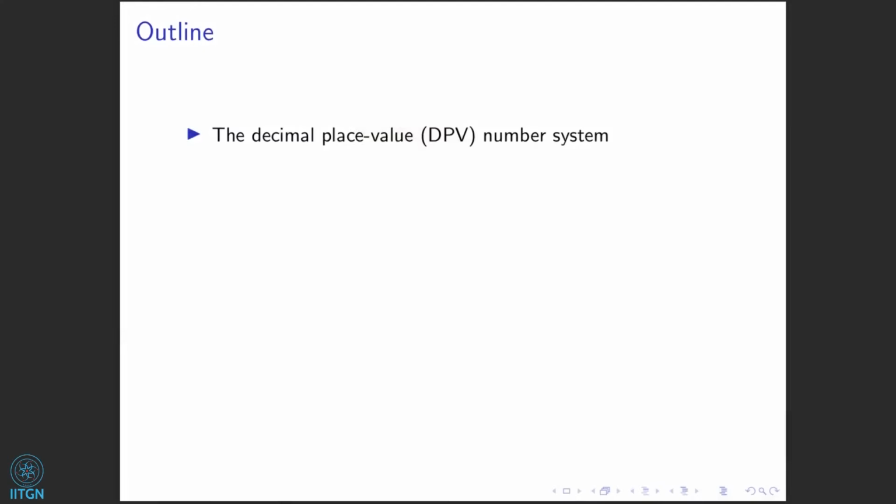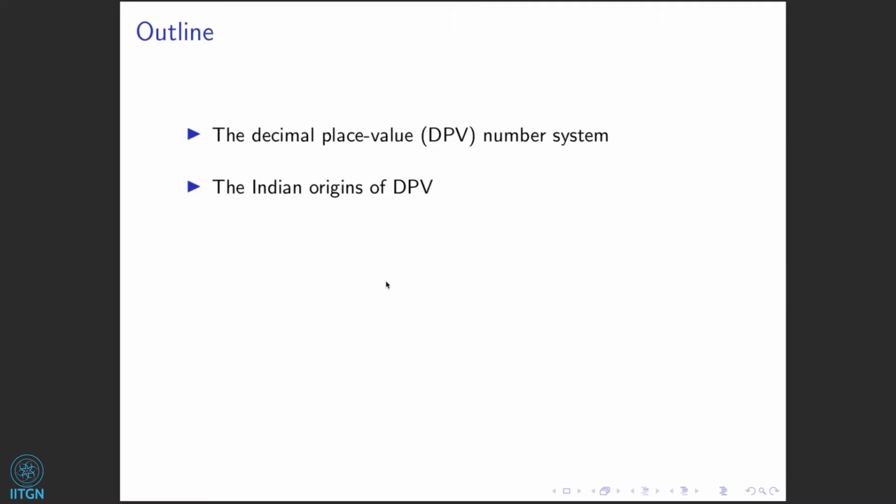For a general overview of what I hope to do: it sounds as though the basic introduction to decimal place value numbers has been taken care of, so we will just touch that lightly. And then we will start discussing this question of the Indian origins of such a system, which I'm abbreviating as DPV here to save space.